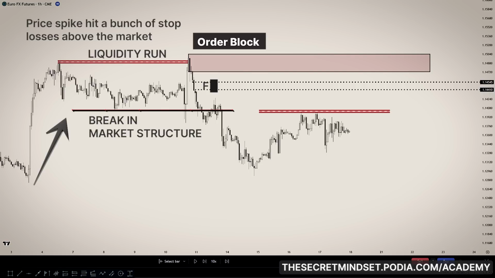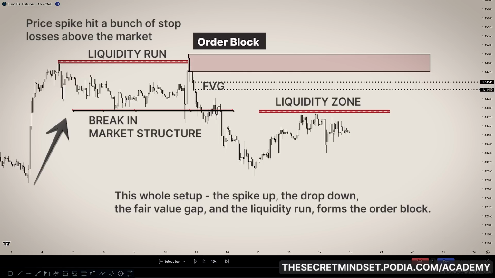As price falls, it leaves a fair value gap. Just below the order block, there's also a liquidity zone. This whole setup, the spike up, the drop down, the fair value gap, and the liquidity run, forms our order block. If price comes back to test it later, that's a decent short opportunity.